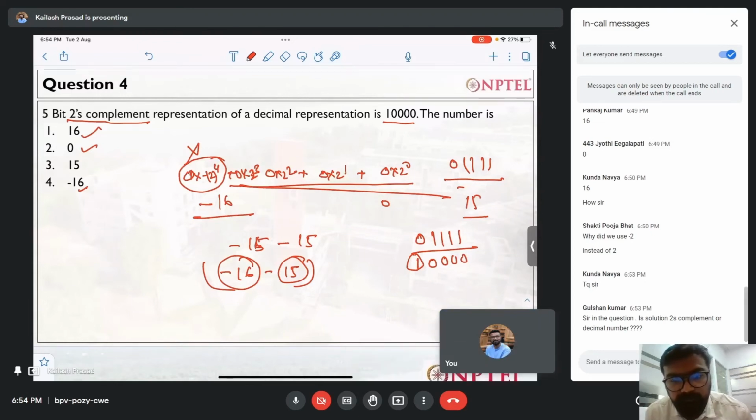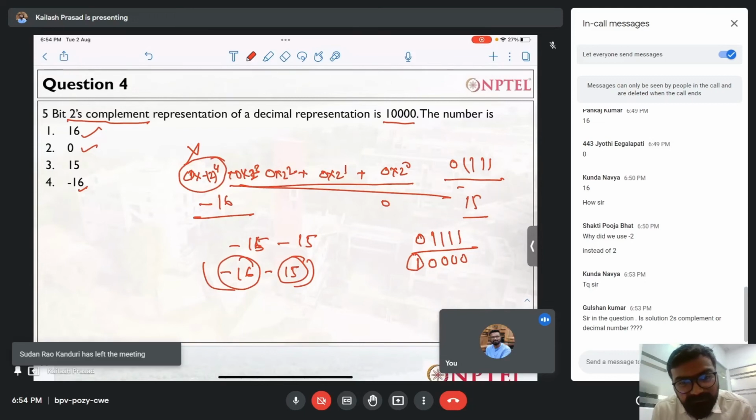Sir, if a question gives minus 16 as a decimal number, and we want to take the 2s complement of minus 16. You want to take the 2s complement of minus 16. See, why do we want a 2s complement representation? To represent a negative number.